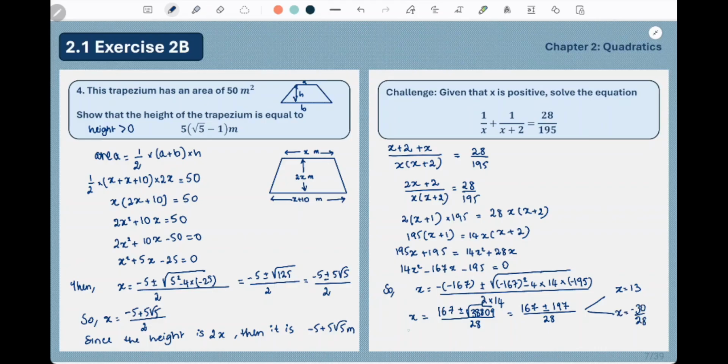And because x is positive, as given in the question, in the context of this problem we're only considering the solution x is equal to 13.